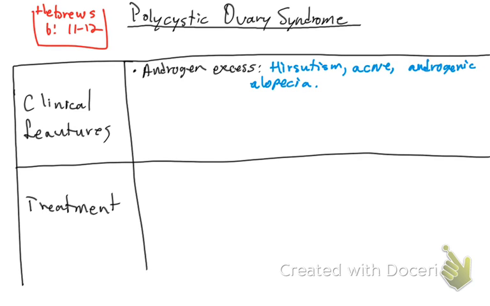Okay, so this is one point. The other point is ovarian dysfunction. So the ovary is not working well. How is this going to present? Well, if the ovary is responsible for the menses, it's going to have menstrual irregularities.